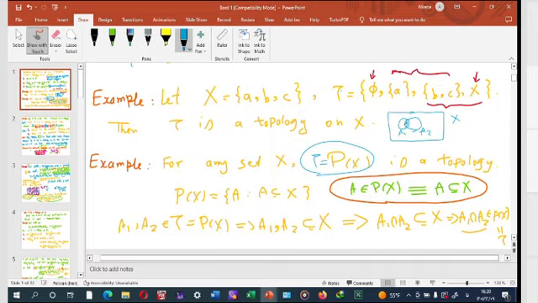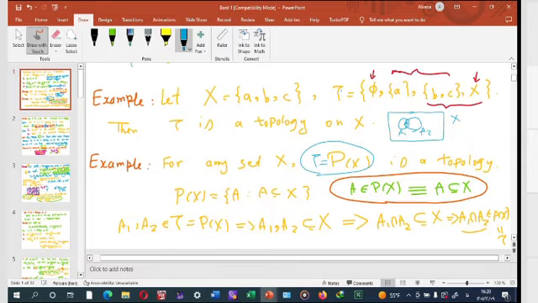For example, the union of the empty set and this set equals this set, or the union of these two sets equals X, and other unions of elements in tau.